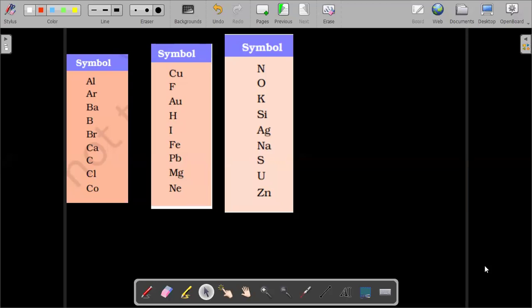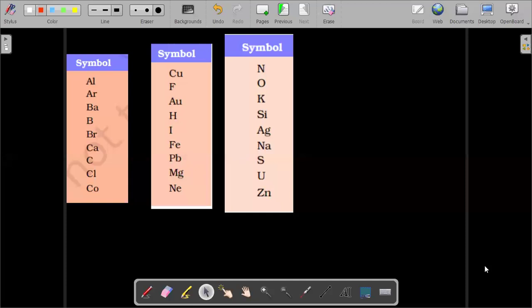Remember the name argentum. So silver. Then Na, sodium. Rohit will continue. Sulfur, uranium, zinc. Okay, very good.